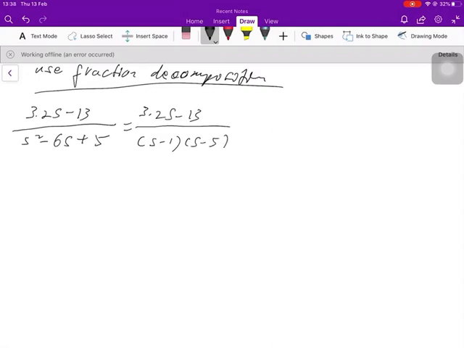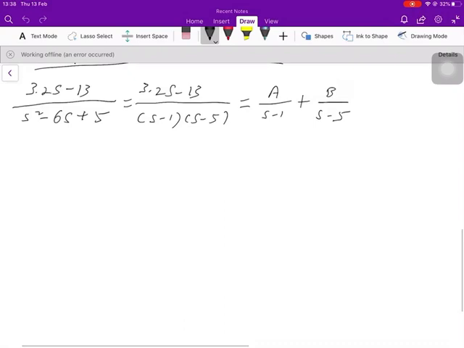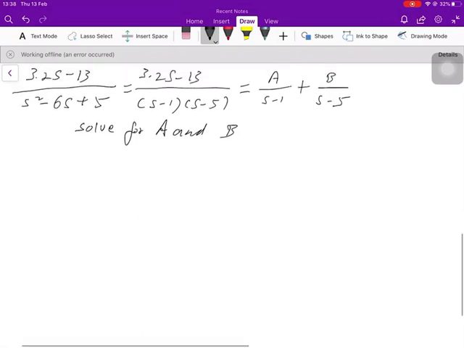Now we need to separate this into two terms, so we use partial fraction decomposition. That means A divided by s minus 1 plus B divided by s minus 5. We are going to solve for A and B. What we can do is compare the coefficients.